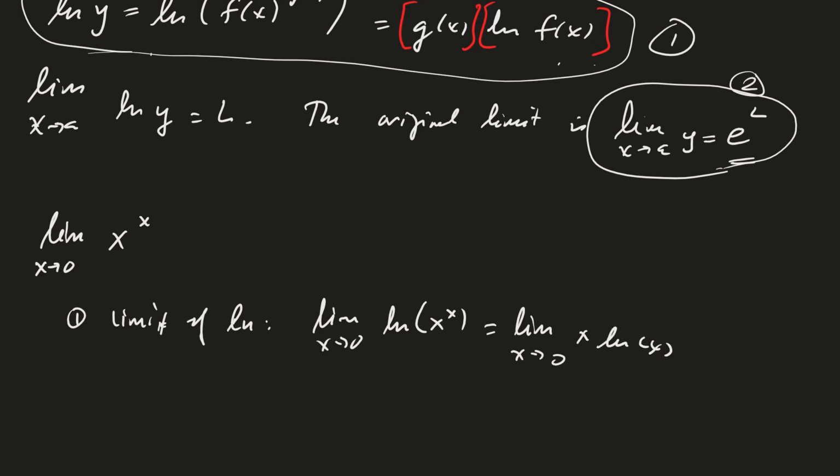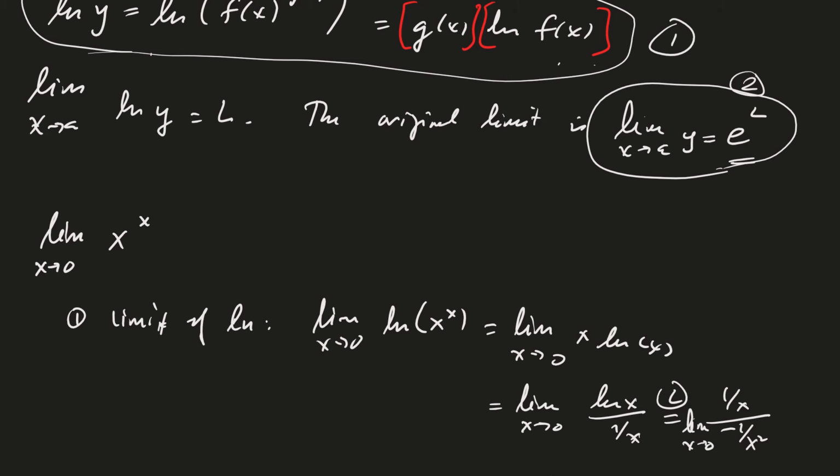And I think we actually already did that one, didn't we? So just to keep going, that was the natural log of x over 1 over x. You remember that? And then when we use L'Hopital's rule, we get 1 over x divided by minus 1 over x squared. Take the limit as x goes to 0.